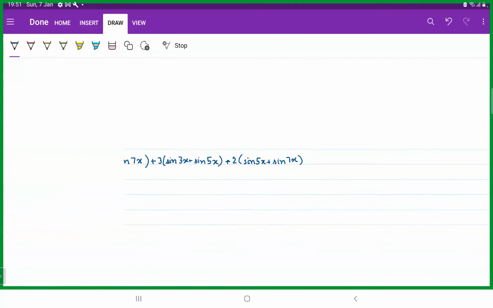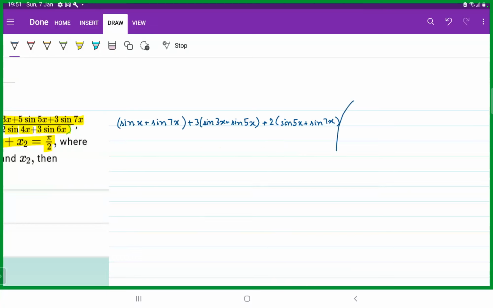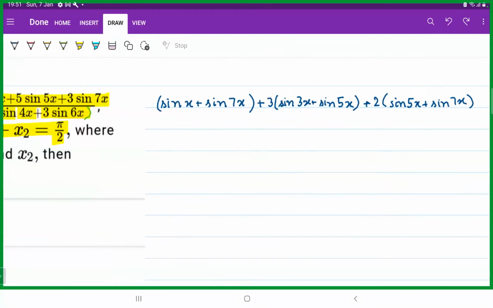I've arranged it in this way because finding the sum of sines will now become very easy.